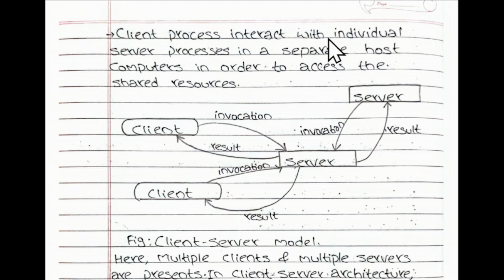Client processes interact with individual server processes in separate host computers in order to access shared resources. This is the diagram of the client-server model. Here the client invokes the server, that is, the client is requesting the server and the server is giving the result. Here multiple clients and multiple servers are present.